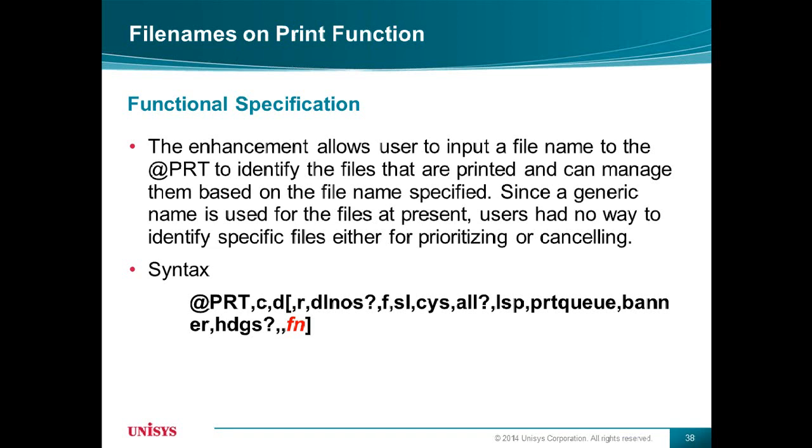So we have added a new option called FN to the PRT, where if you don't specify the option FN, that's the file name, it would default fall back to the string mapper of the hyphen, the machine name, and the site name. That's the generic one.